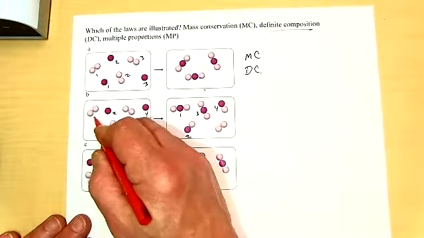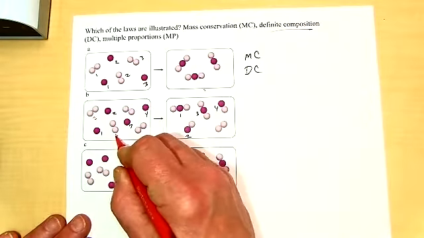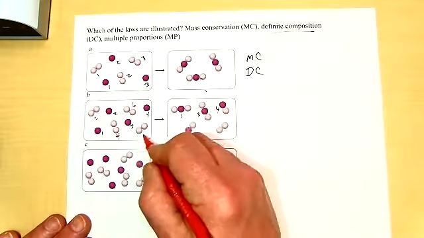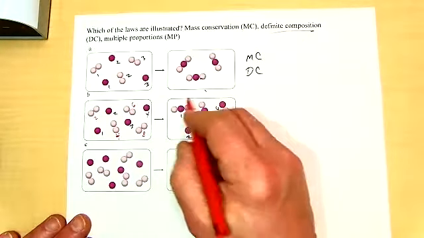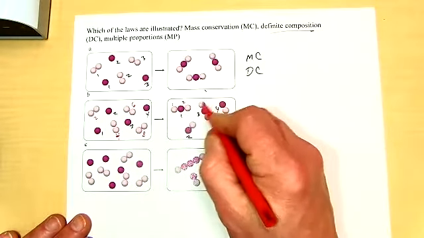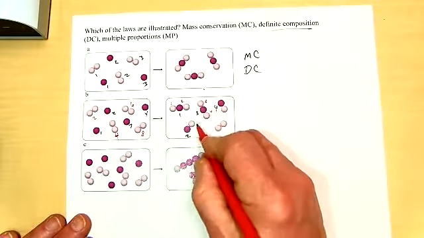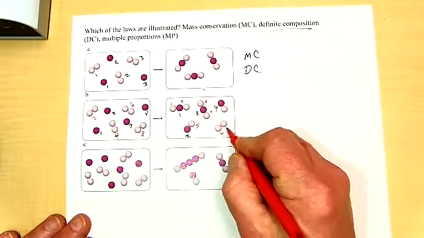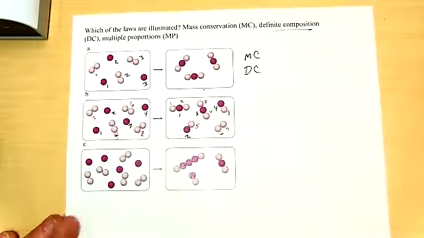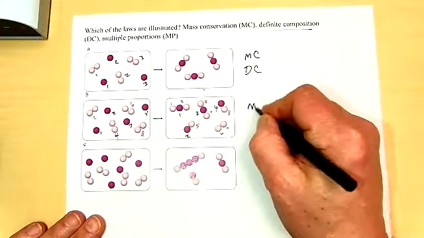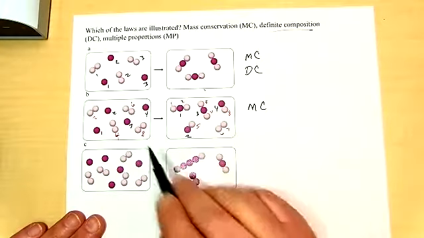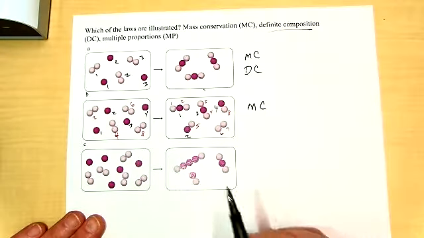So when we have 2, 4, 6, and 8 of the light colored ones, here we have 1, 2, 3, 4, 5, 6, 7, 8. Okay, and indeed, mass conservation has been shown in this case, because we have the same number on each side of each element.